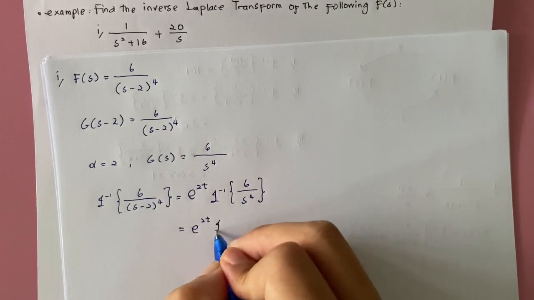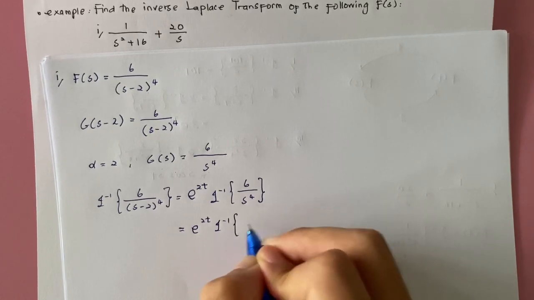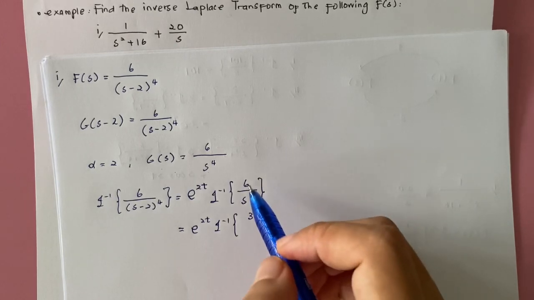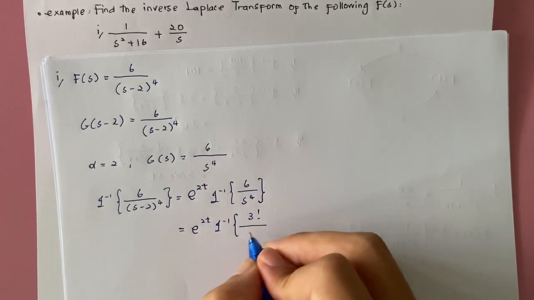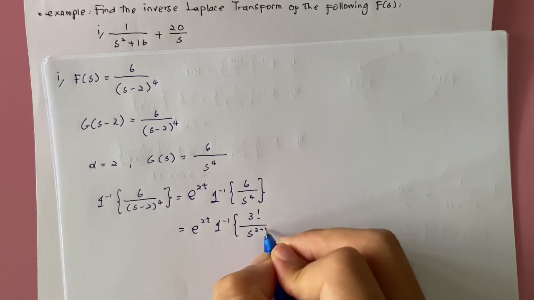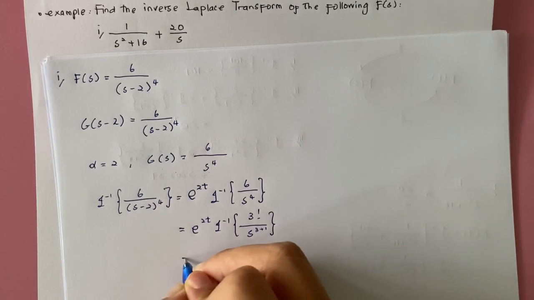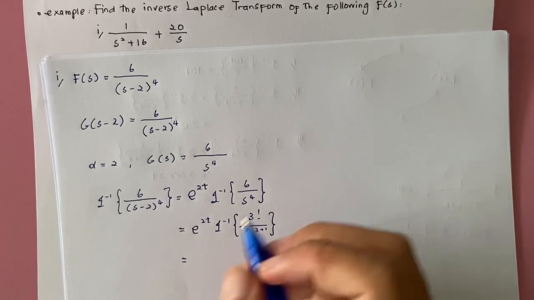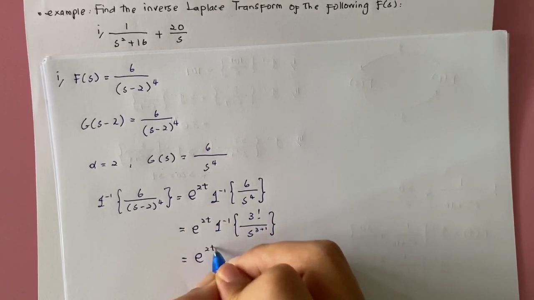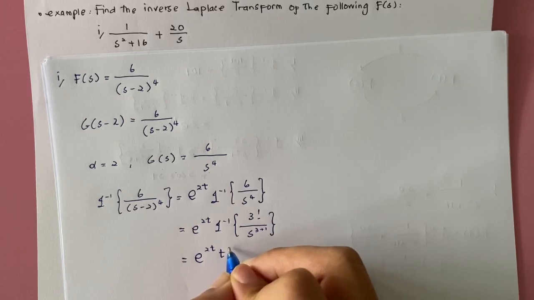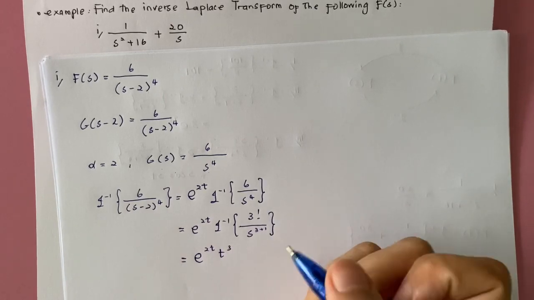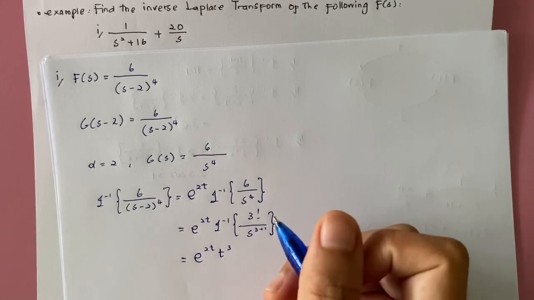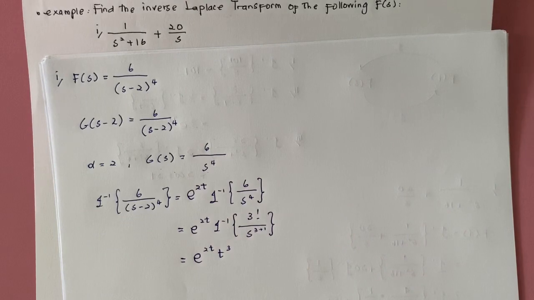So this is the inverse Laplace of 3 factorial over s^(3+1), since 3 factorial is equal to 6. Referring to your table, 3 factorial over s^(3+1) is t to the power of 3. So your last answer is e^(2t) t cubed.